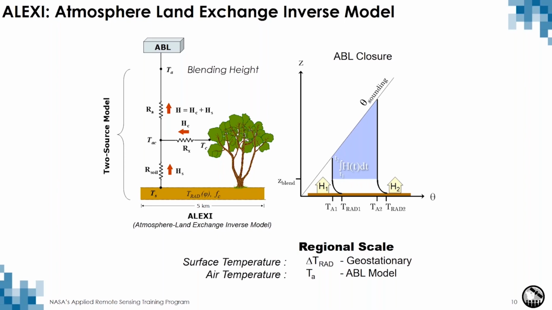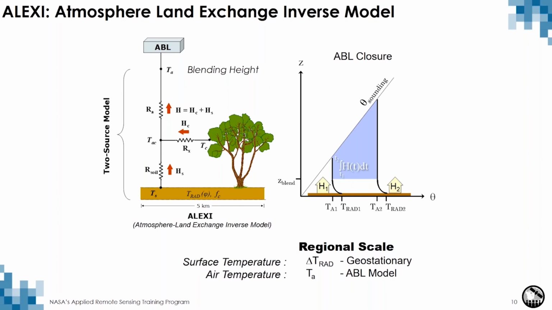This is maybe a difficult slide to look at, but we'll try to walk you through some of the physics of it, at least ALEXI in an energy balance sense. What you see on the left is the representation of a two-source model. You have resistances that explain the exchange of heat and water from the bare soil surface, and the exchange of water and heat from the vegetation surface.